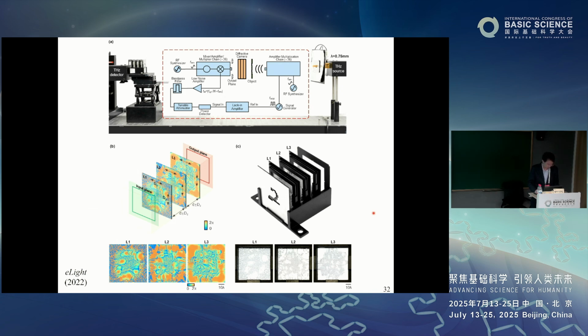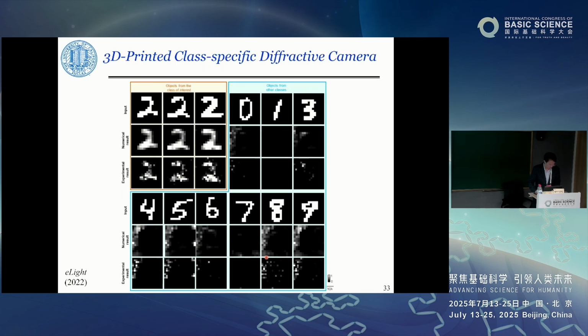But if the input belongs to the certain class, it will form the image on the optical plane. So this selective behavior is implemented entirely in the optical domain, which introduces new types of visual filters, offering the capability to decide whether or not to image based on class-level information before the light reaches the detector.